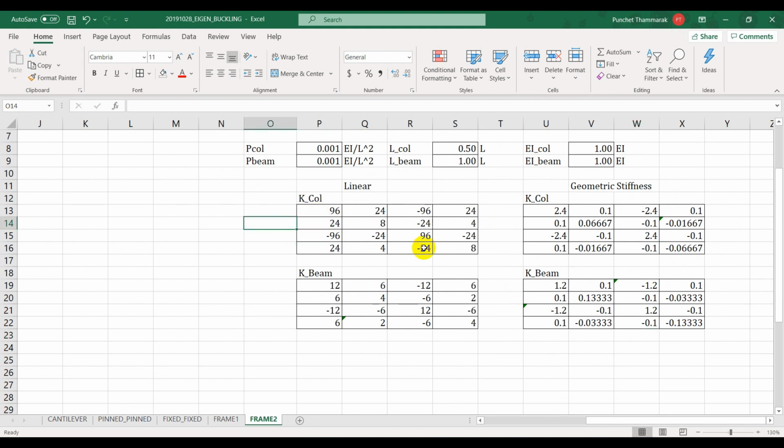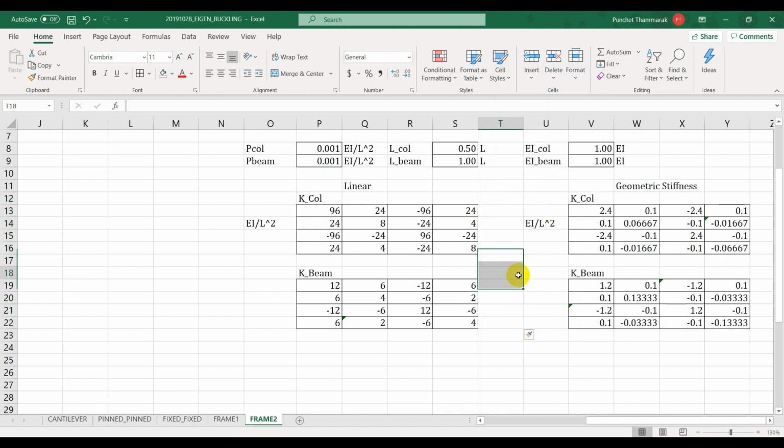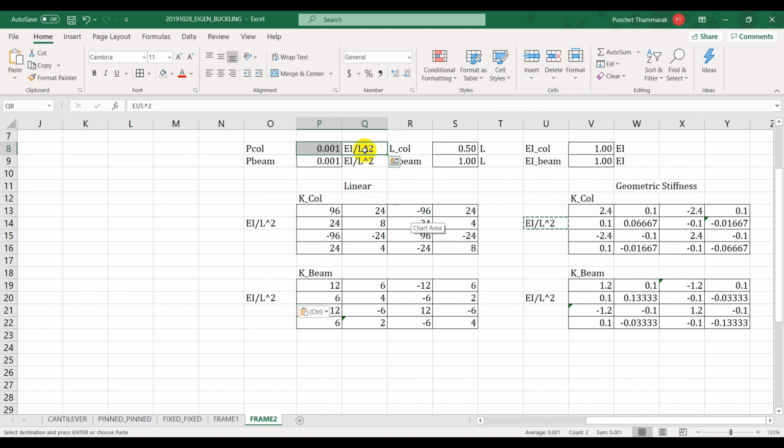So this is basically, if we keep it this way, scaled by EI over L square, and this is also scaled by the same thing because your P is the same. Your P is given by this value, which is scaled by this EI over L square, right?